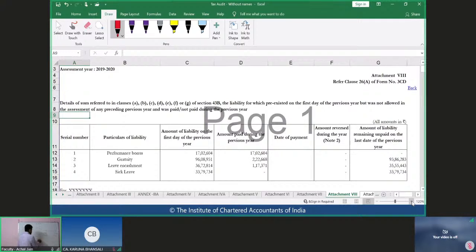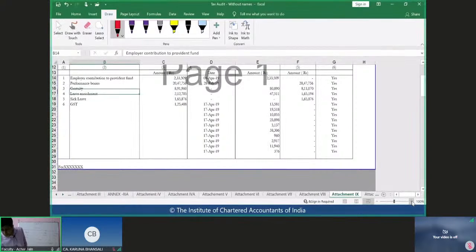So let's suppose out of this 1000, 100 was paid over here, and say 200 was paid somewhere over here. So this amount is required to be reported over here. Now I will take you to next clause and we'll get on to the particulars slightly later.